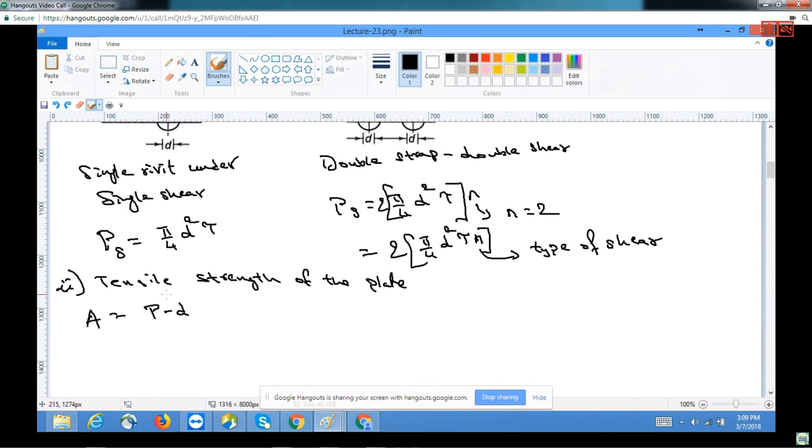You can write it as p minus d by 2 from one side and another d by 2 from the other side, times the thickness t, that is, p minus d into t.